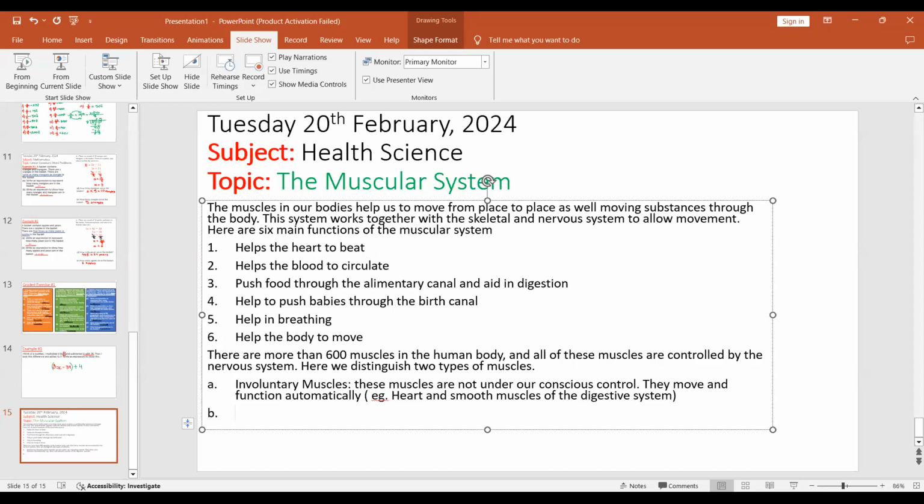Next, now we're going to talk about the voluntary muscles. So how would we describe the voluntary muscles? These are muscles that you can control. Very good. They are under our conscious control.